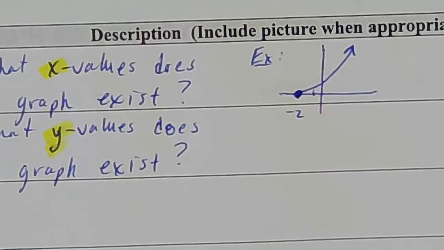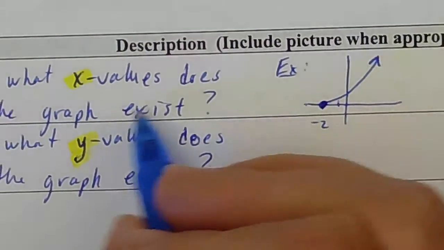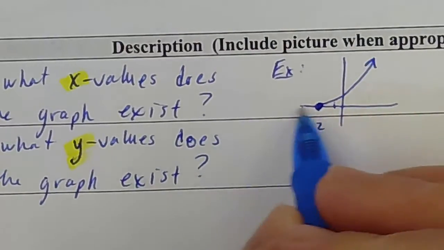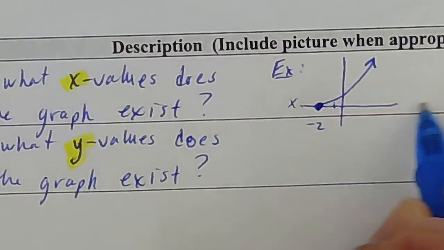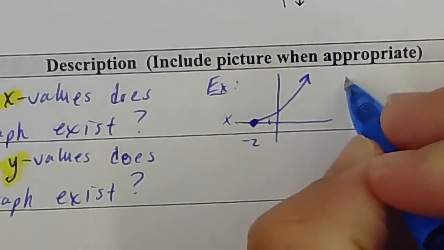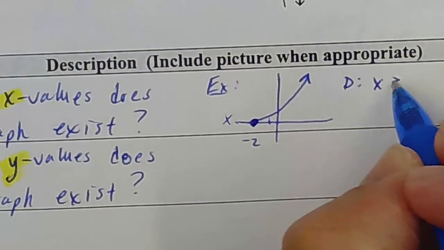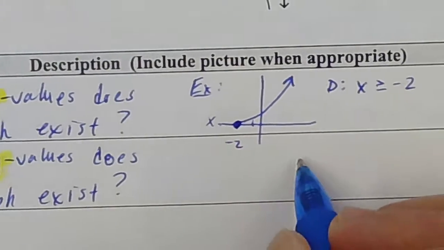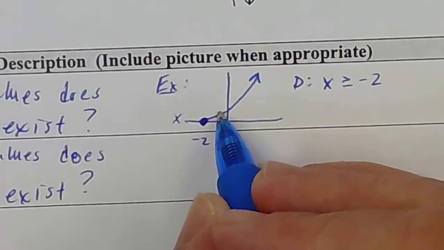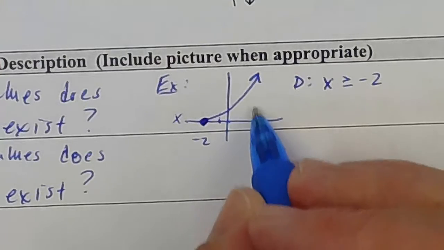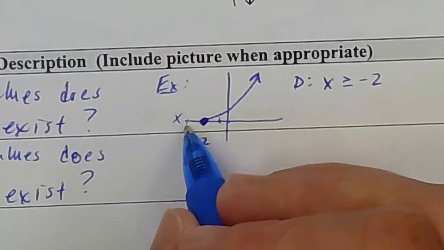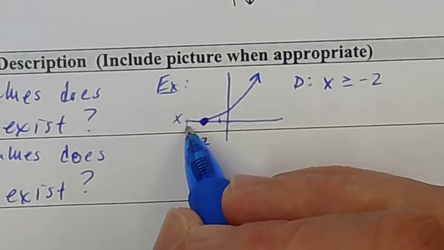So we want to ask ourselves, for what x values does this graph exist? So I've got to remember x is going left to right. This is my x-axis. Okay, so we could say this: for all x that are greater than or equal to -2. So when x is -1, the graph exists. When x is 0, the graph exists, and so on. But when x is -3 over here, it doesn't exist.